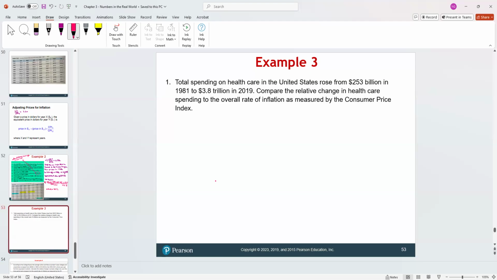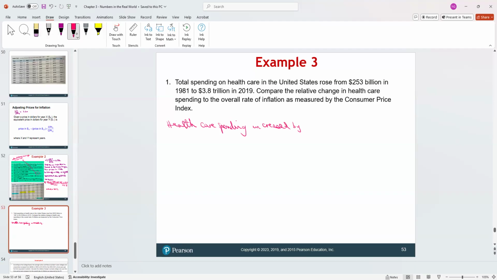So in these examples, they ask us to compare the relative change in healthcare spending to the overall rate of inflation as measured by the Consumer Price Index. Remember, the goal for us is to find the relative change.